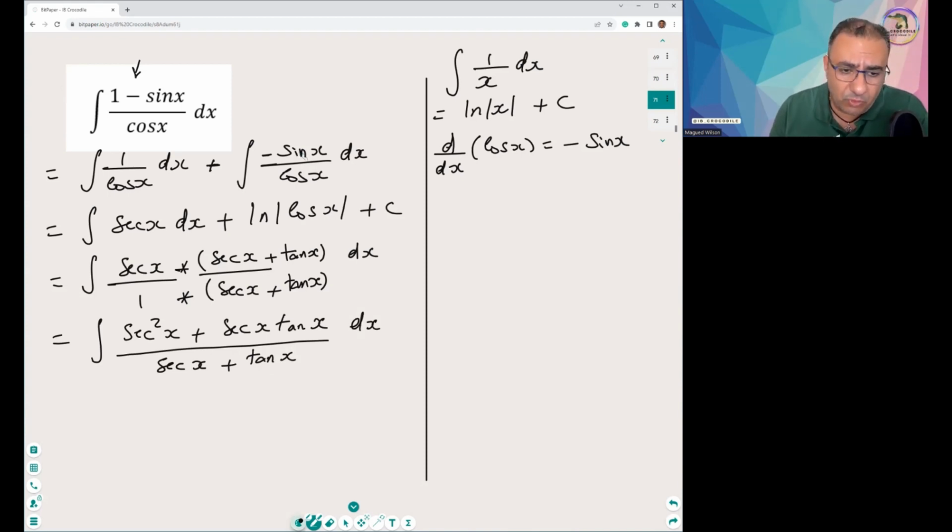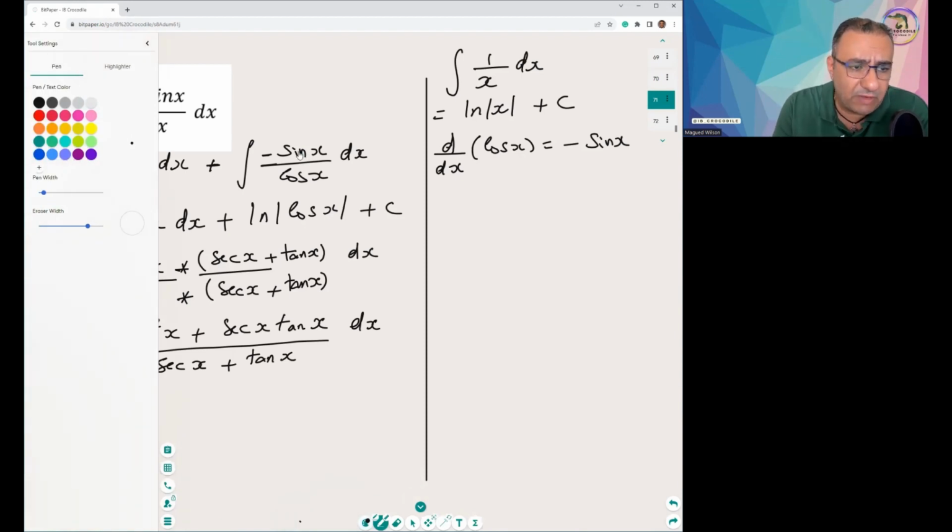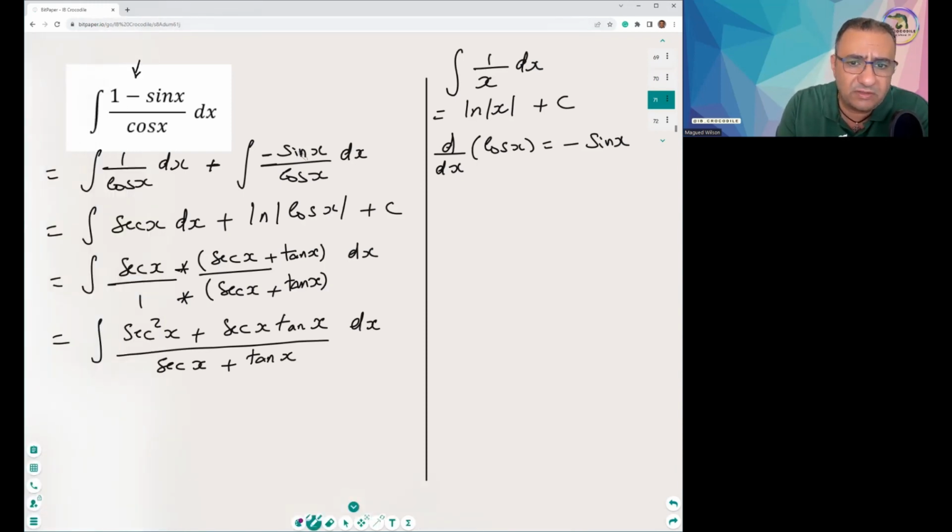So again, look at the denominator. Every time you have a ratio of two functions, you have to ask yourself one question: what is the derivative of the denominator? So let's find out the d by dx of secant x plus tangent of x. Look at your booklet.